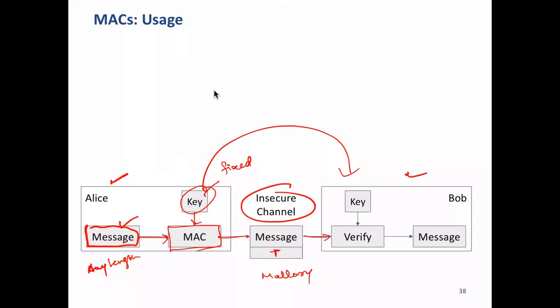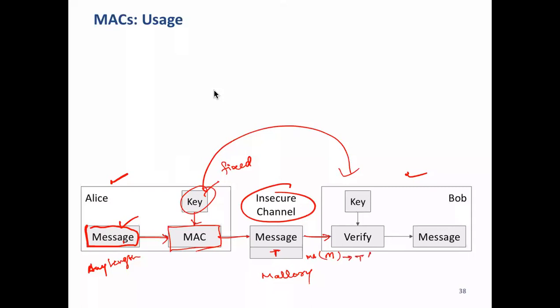Bob uses the message received, say M, and uses this MAC function, with the key, and gets out a T dash.